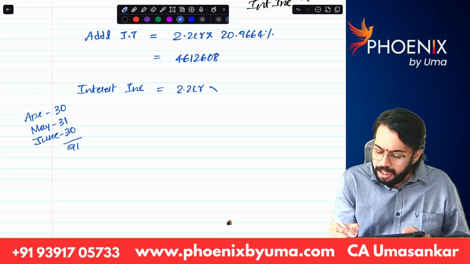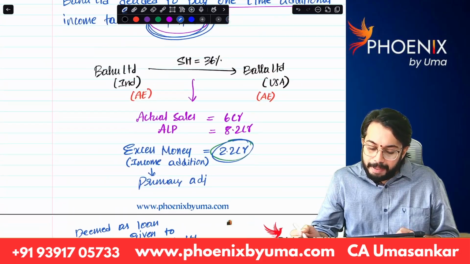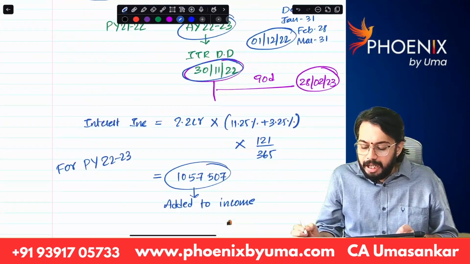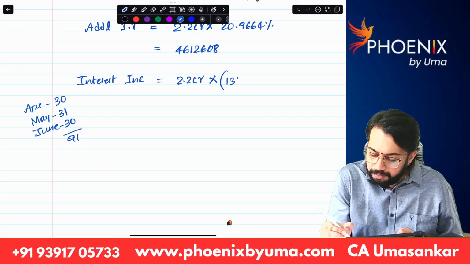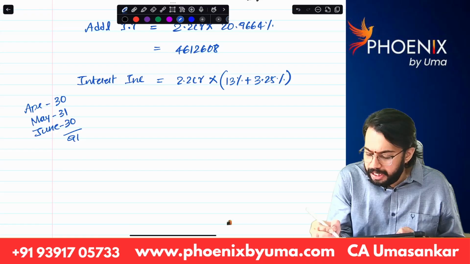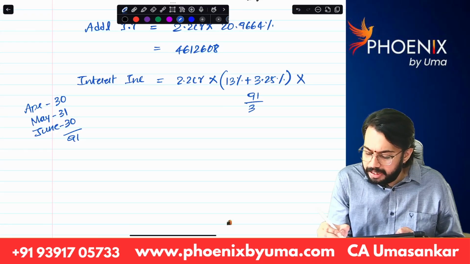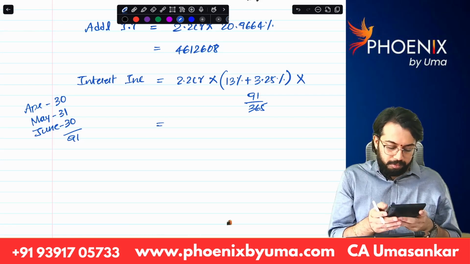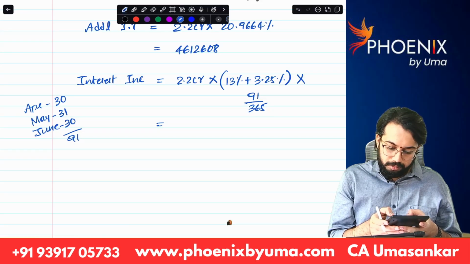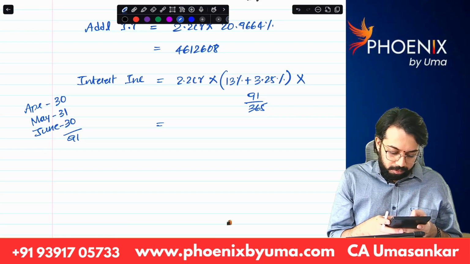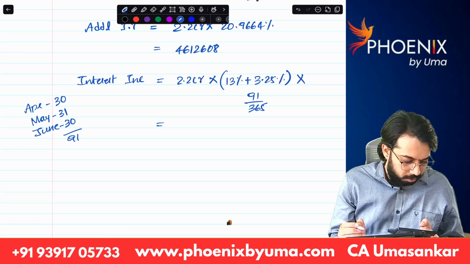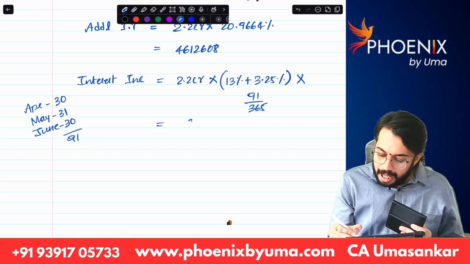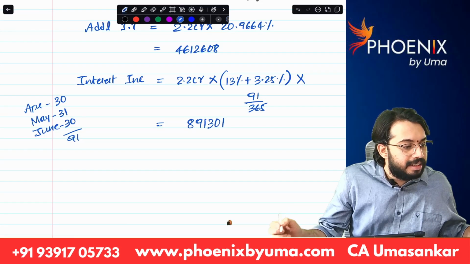So 2.2 crores into what is marginal cost of lending as on 1st April 24? 13%. 13% plus 3.25% into 91 by 365. How much? 8,91,301. Is it the answer?